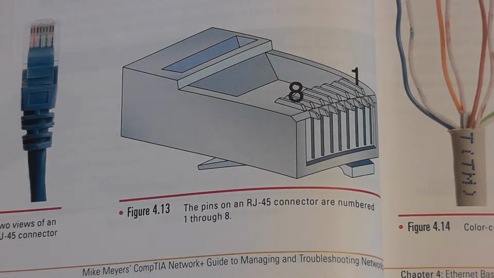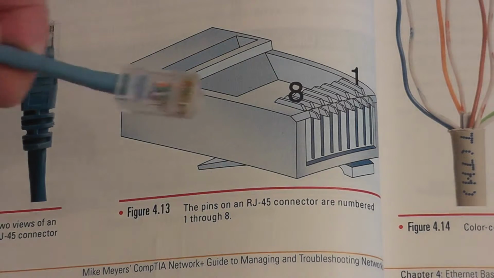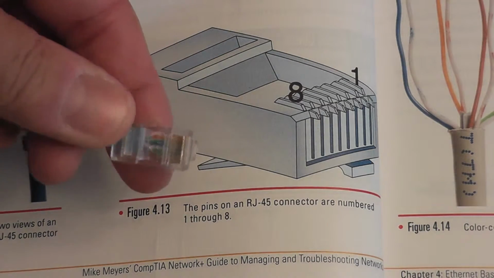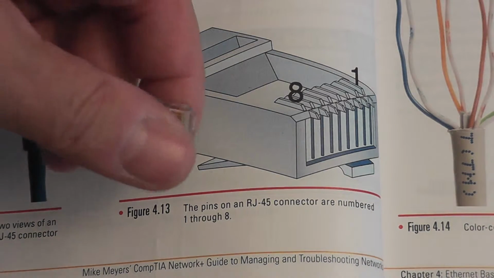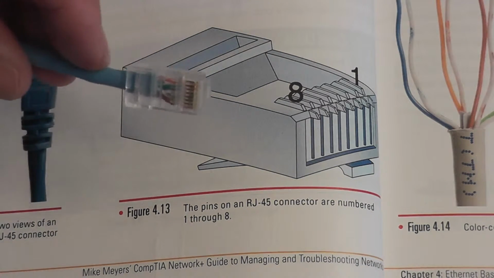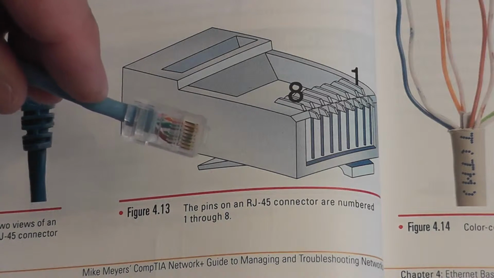Alright, so on page 70, we're looking at figure 4-13. I'm zoomed in on it, and what this graphic is supposed to be is one of these RJ45 plugs that you may have previously seen that you find on the end of a cable, right?